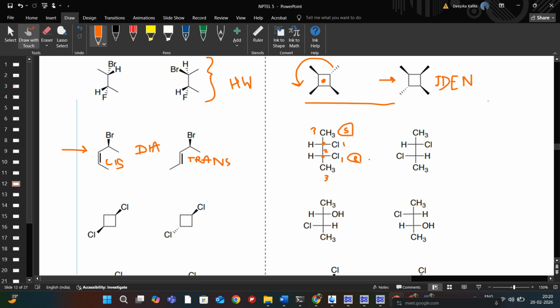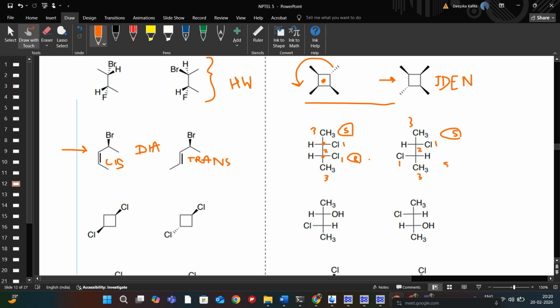Let us do the same for the second molecule, which will be 1 here, 2 here, and 3 here. And the configuration will be S. And for this one, it will be 1, 2, and 3.